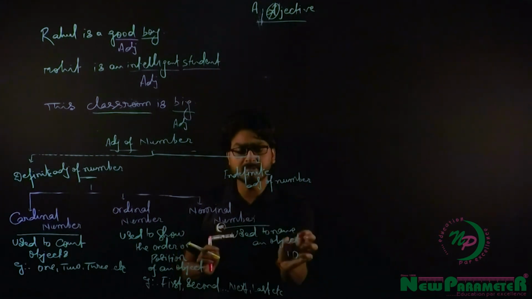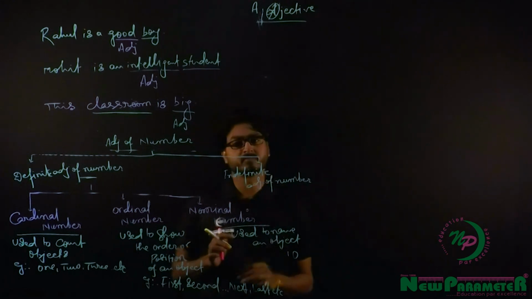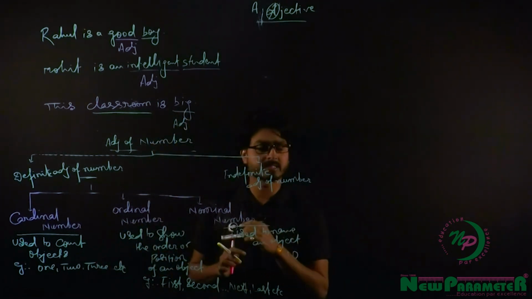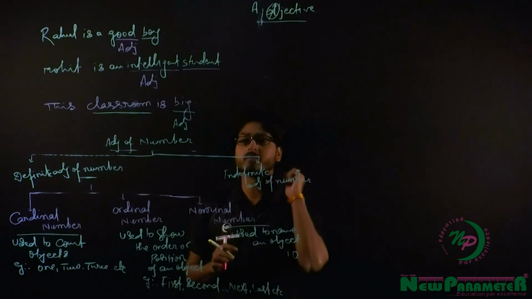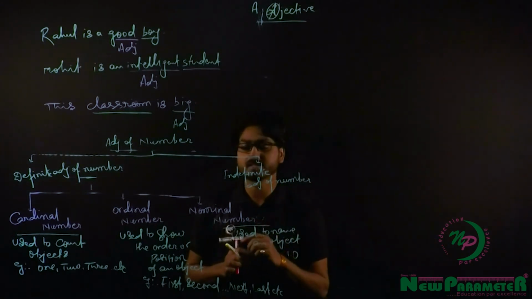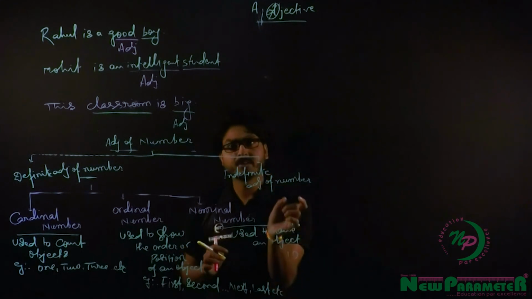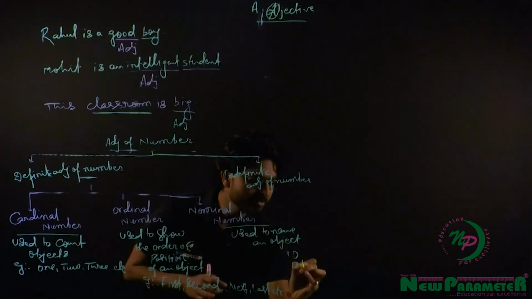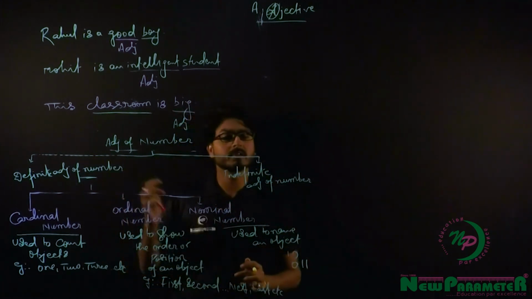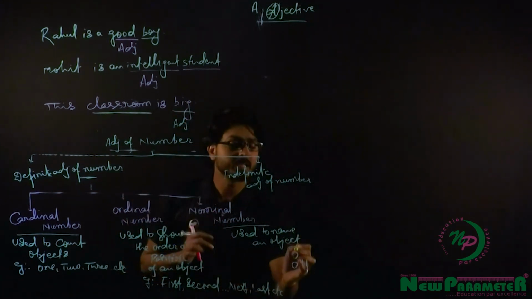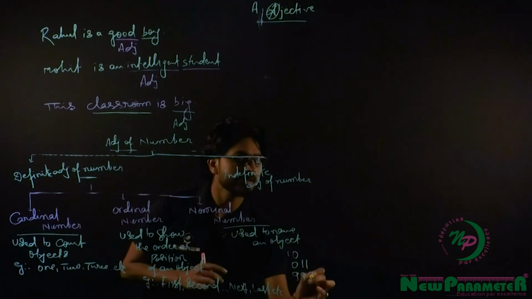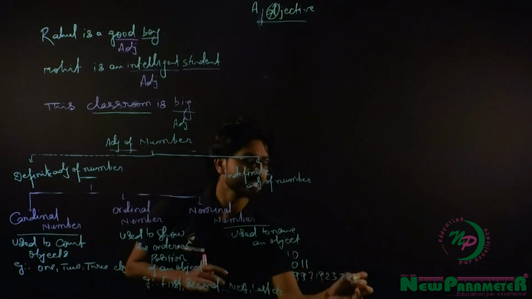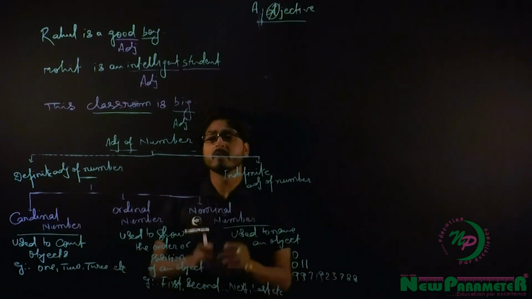If this number is used in football, the T-shirt number 10 in football, which player is it? Yes, you know very well, that is Lionel Messi. So this number is basically used to name a person or thing. Suppose I say 011. This is the STD code of what? Yes, New Delhi. If I say any number, you write 9971923788, this number is basically used for a person.